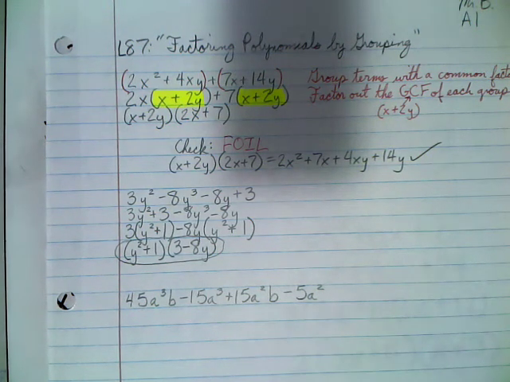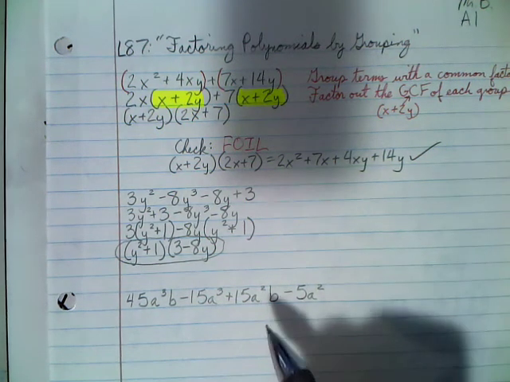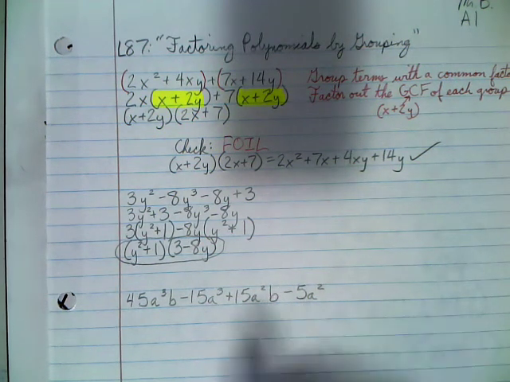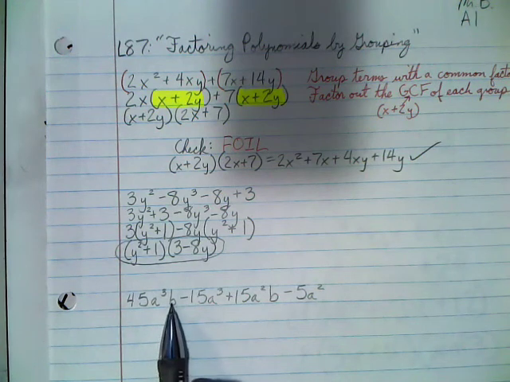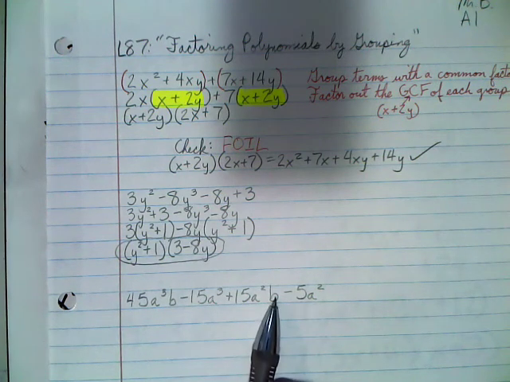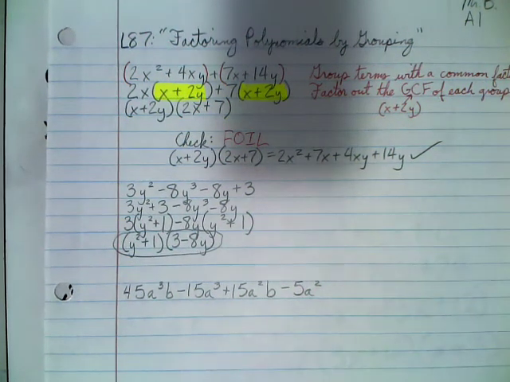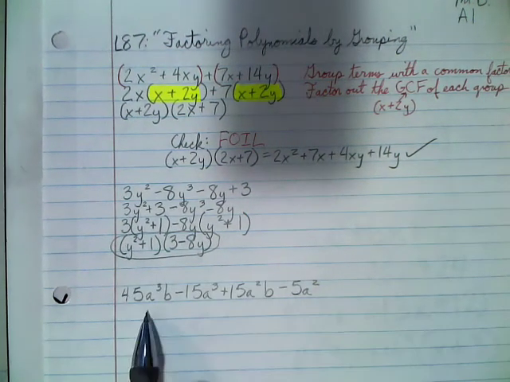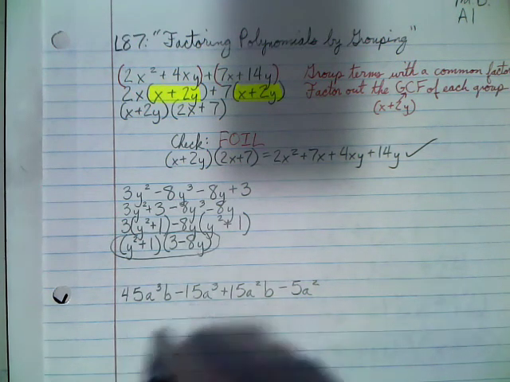So looking at this guy, there's a few different ways that we could end up doing this one. In particular, I kind of like the fact that this has a b and that has a b. So I might choose to rearrange this one a little bit. We could try to just go with it the way it's written, but I kind of like the idea of rearranging this a little bit.